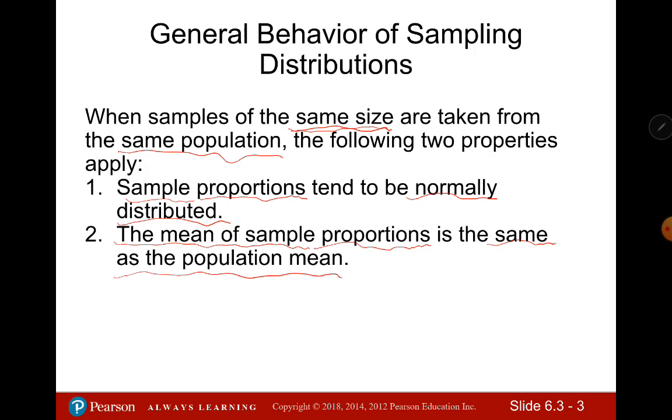So those are the general properties. First, the sample proportion follows a normal distribution. The second one, the mean of the sample proportions is just the population mean.